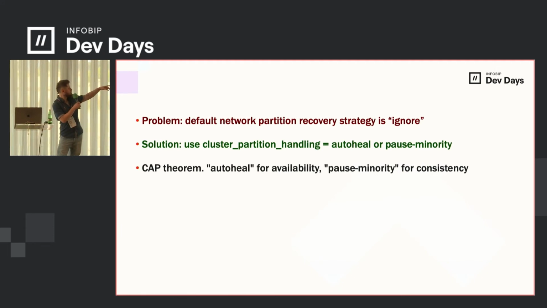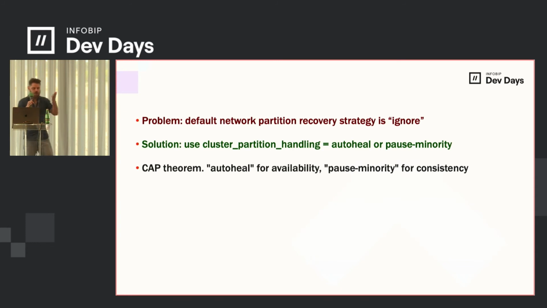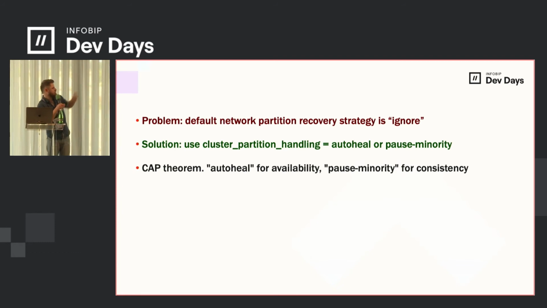Next issue: in case of a network partition, where nodes lose connection to each other, they start to evolve in parallel because they cannot communicate. And after the network partition is over, it's all fine. Actually, the partition state continues, because the default strategy is ignore, which needs manual resolution.